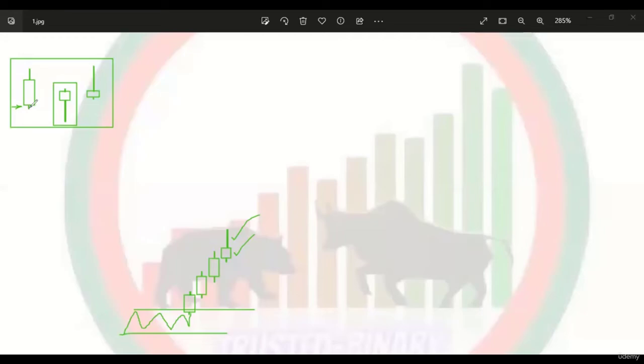So from here to here, who comes? Sellers. Sellers come first. I'm drawing in red color. Sellers come from here to here.